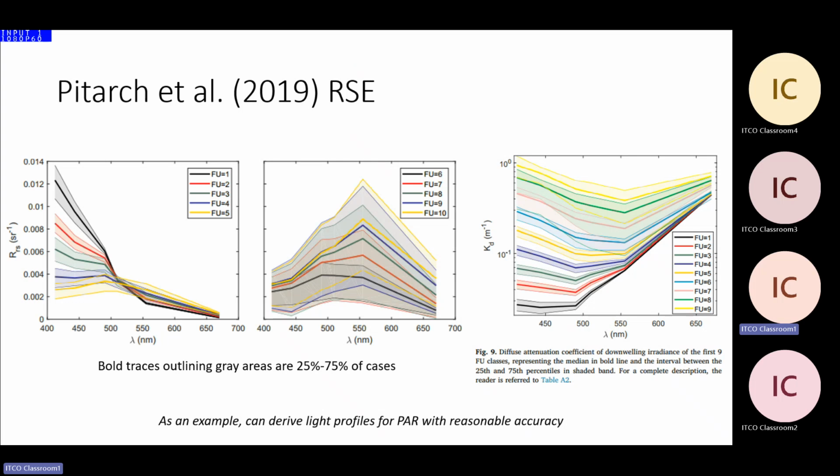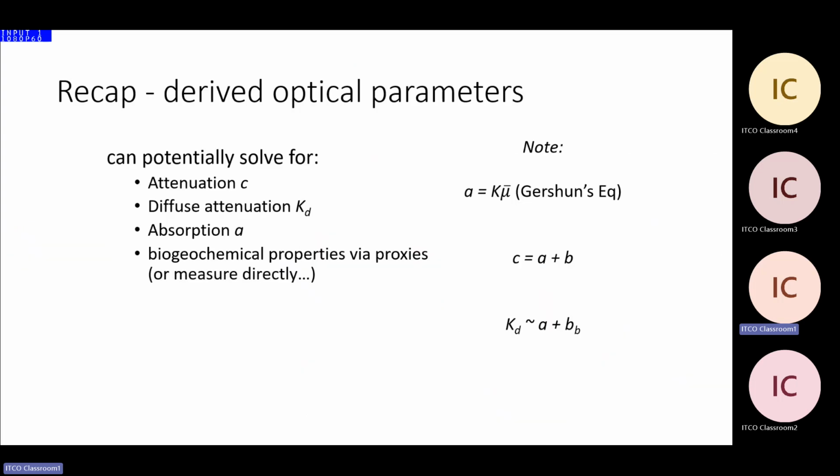So you can get some pretty good AOP information from the Forel-Ule color scale. And he's also shown that you can derive light profiles with this information. I could pass this around, but it's kind of straightforward.